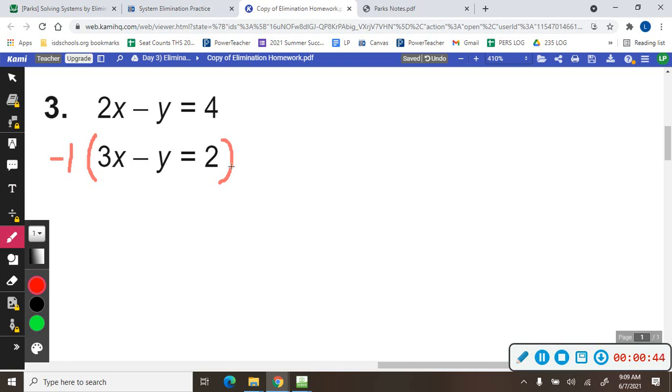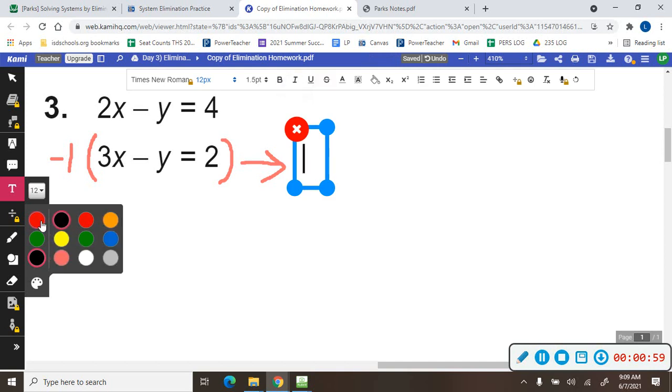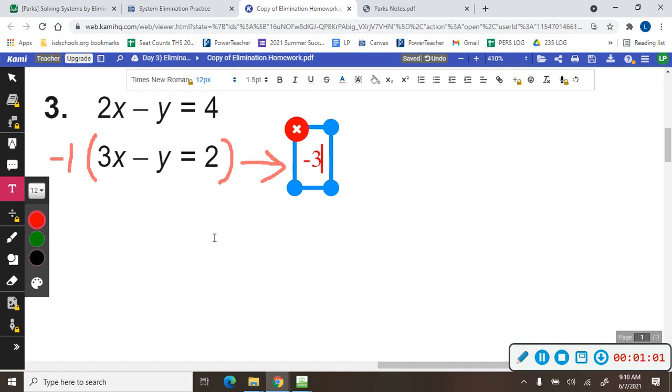If I multiply this equation by negative 1, and I could have multiplied this equation by negative 1 instead, it wouldn't have changed the final answer. But if I multiply that by negative 1, I get negative 3x. Negative 1 times negative y would be plus y. And 2 times negative 1 is negative 2.